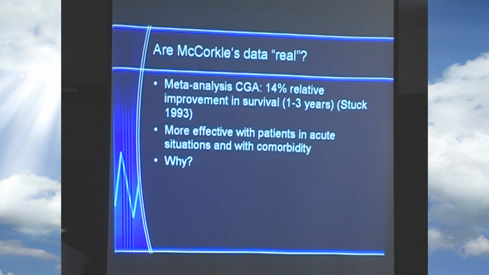He saw, however, in his meta-analysis that the CGA was more effective, geriatric intervention was more effective in patients with acute situations like CHF, for example. You were preventing rehospitalizations, maintaining people more functional outside. And so it might be compatible with a higher effect in cancer patients.